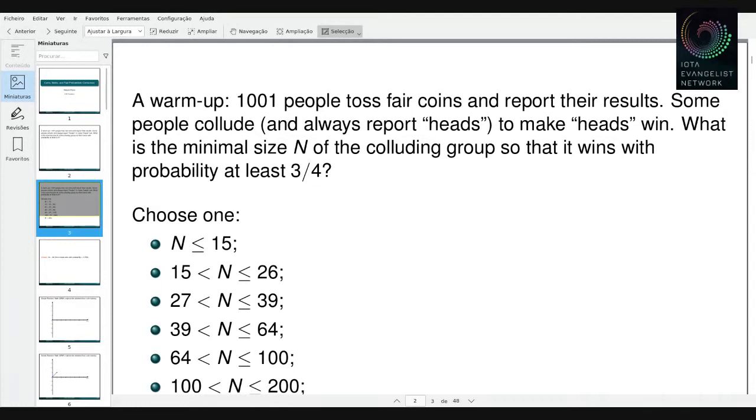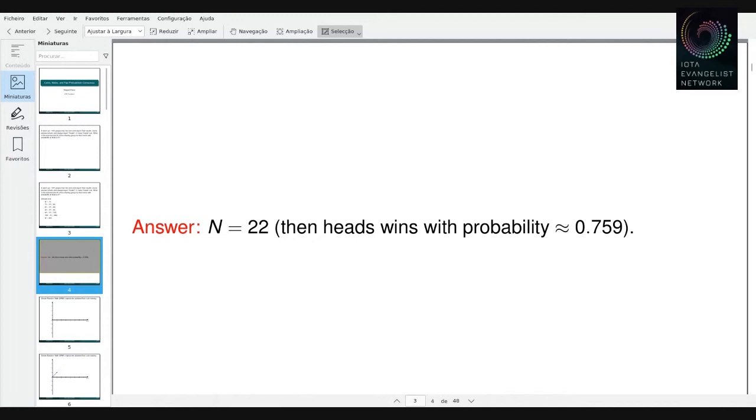Okay, good. Now here is the answer. You need only 22 colluding people. And then you can calculate that in this situation, heads wins with probability approximately 0.759.